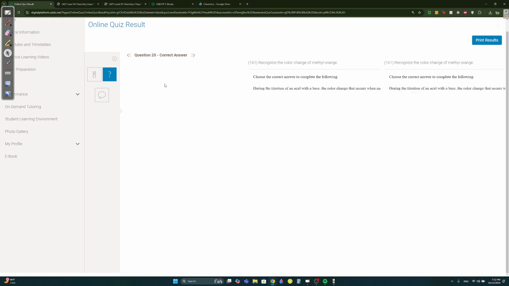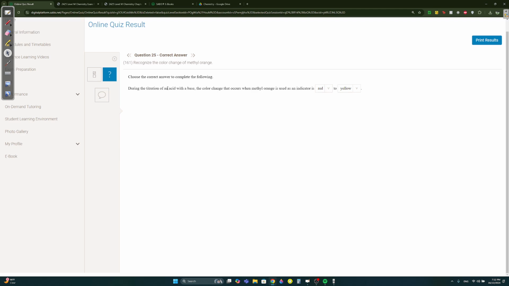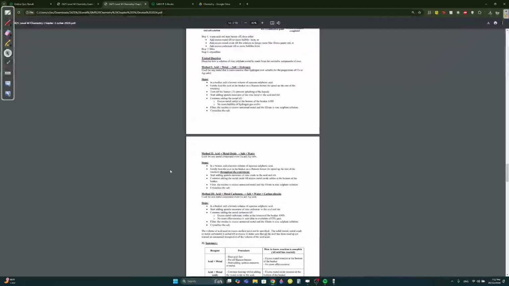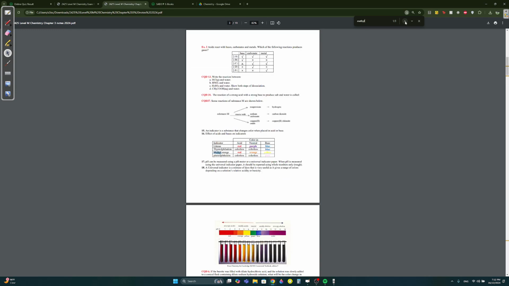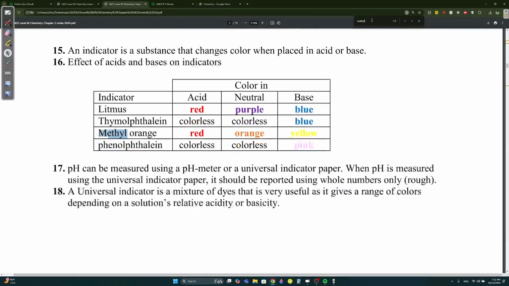They're called neutralization reactions. During the titration of an acid with a base, the color change that occurs when... they actually asked this now. Let me go back to the notes. You need to memorize these.